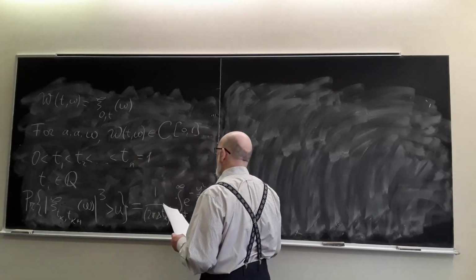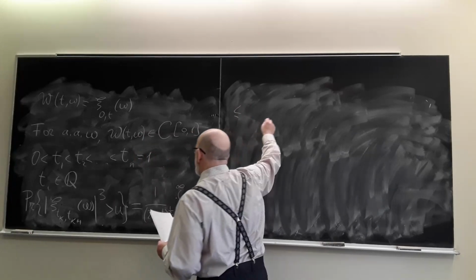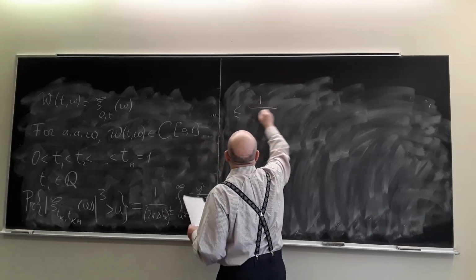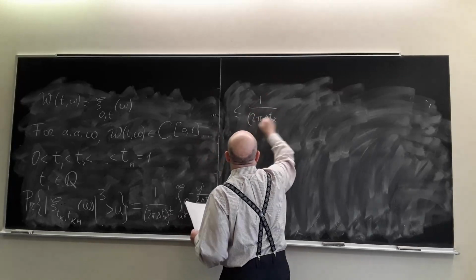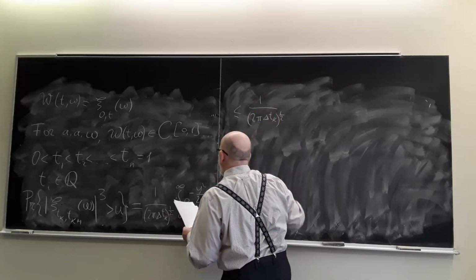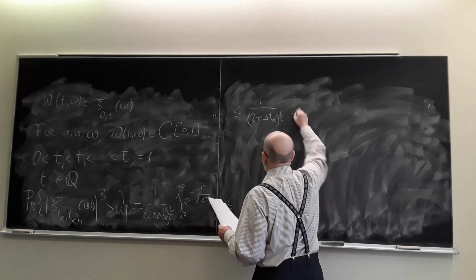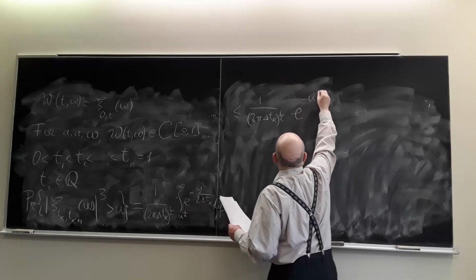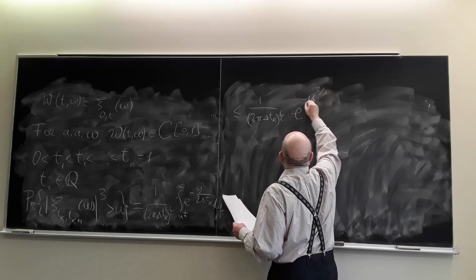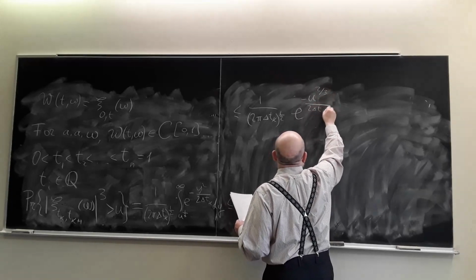Now how can we estimate? It is less or equal to 1 over square root of 2 pi delta t_k, times e to the minus u squared divided by 2 delta t_k.